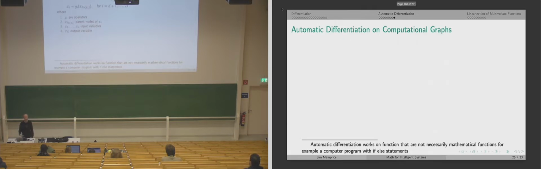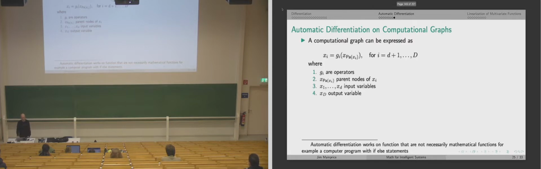So in the general case, if you're doing differentiation on a computational graph, you will have operators called G, and each of these operators has a bunch of parent nodes. These parent nodes are defined by the variable x with sub-indices PA for parent.